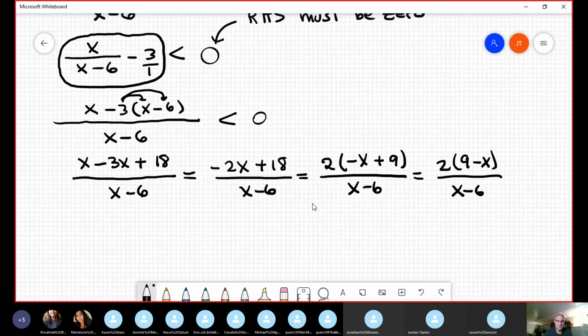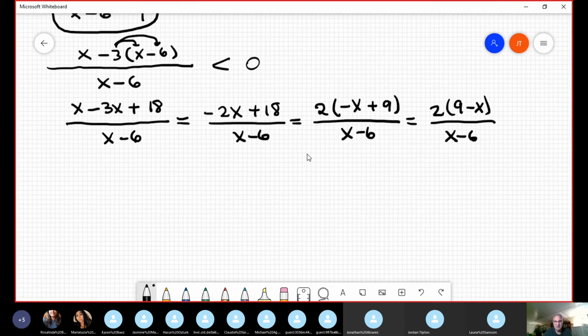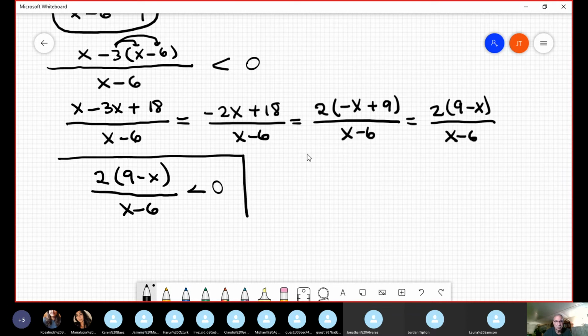So far, my confusing initial inequality is now this: 2 times (9 minus x) divided by x minus 6 less than 0. I enclose it in one box because I want to work with this.